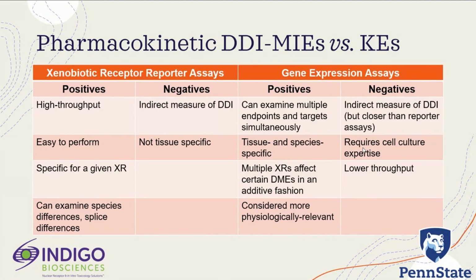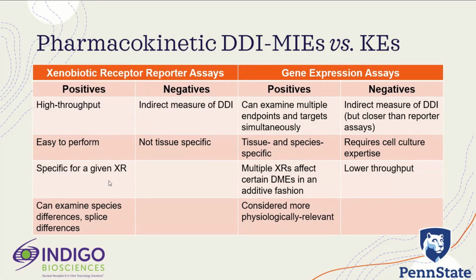Both of these assays are relatively high throughput, but certainly these reporter assays are much higher throughput. You can measure hundreds and thousands of chemicals in a single experiment. They're easy to perform, with very little cell culture involved, especially with the kits that we provide. Everything is there to run these assays.